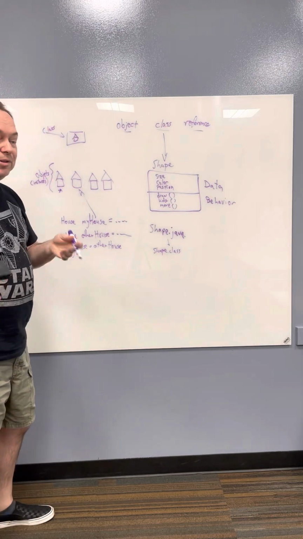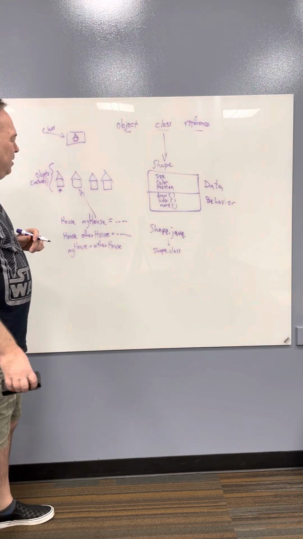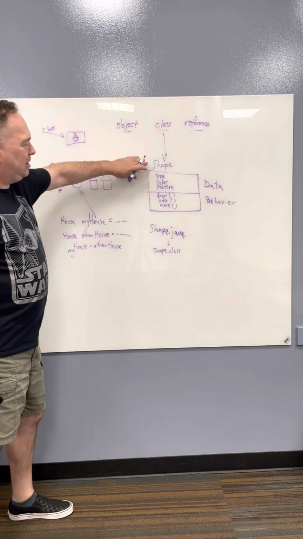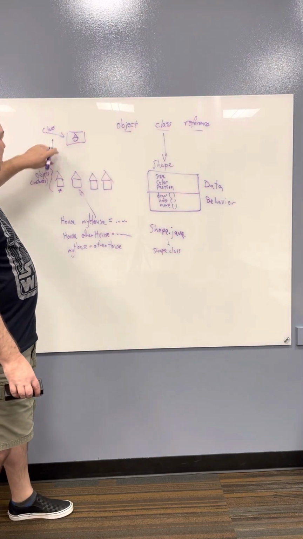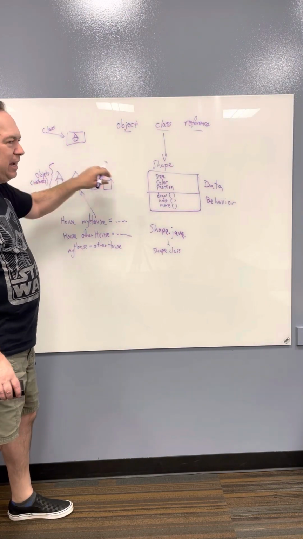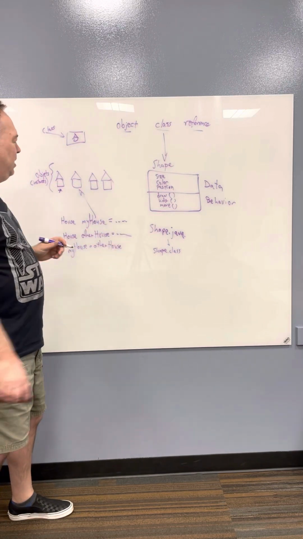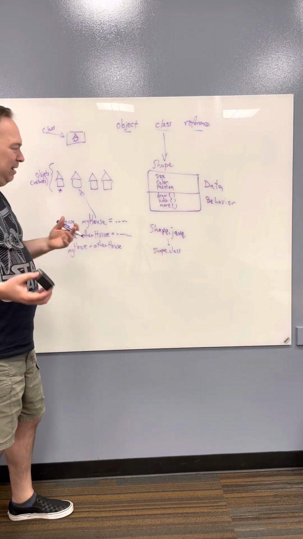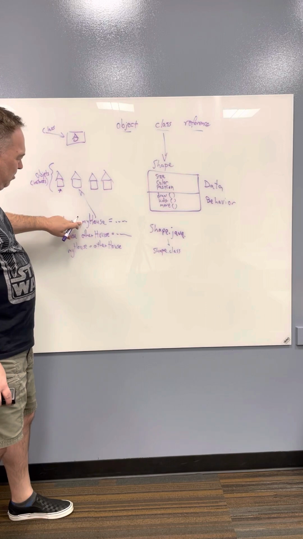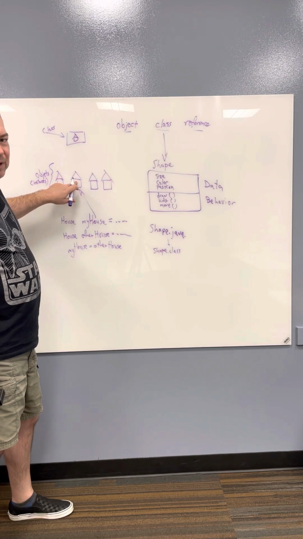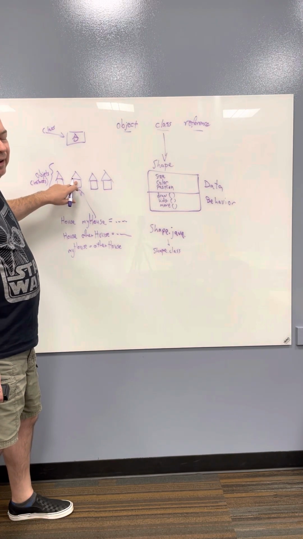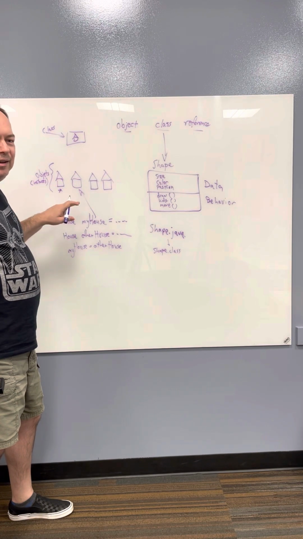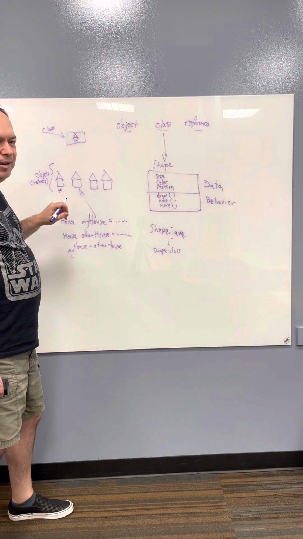I've changed the reference, not the object or the class. So the class is the template, the blueprint. The house is the actual instance, the actual thing that got created in memory, right? And the reference is the thing that connects the variable to the actual object in memory. That's a lot. Is that sinking in? Good?